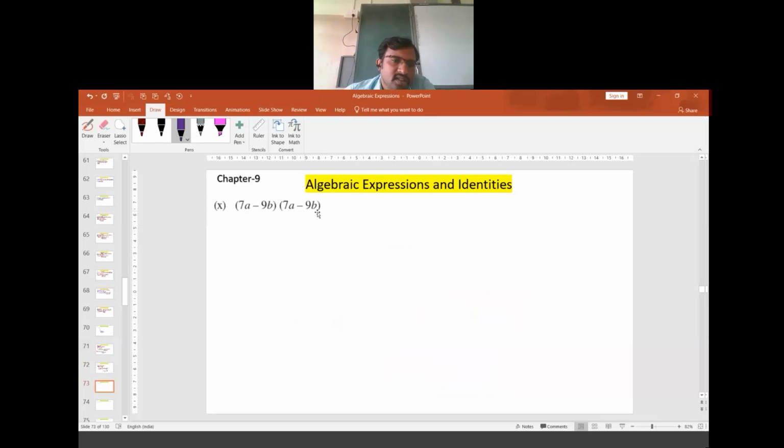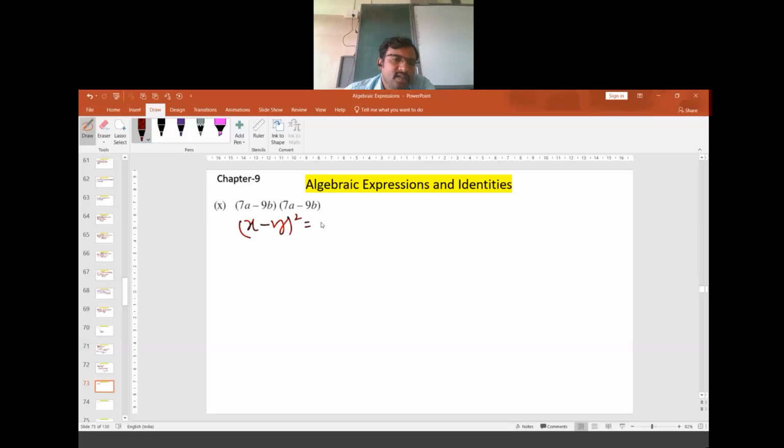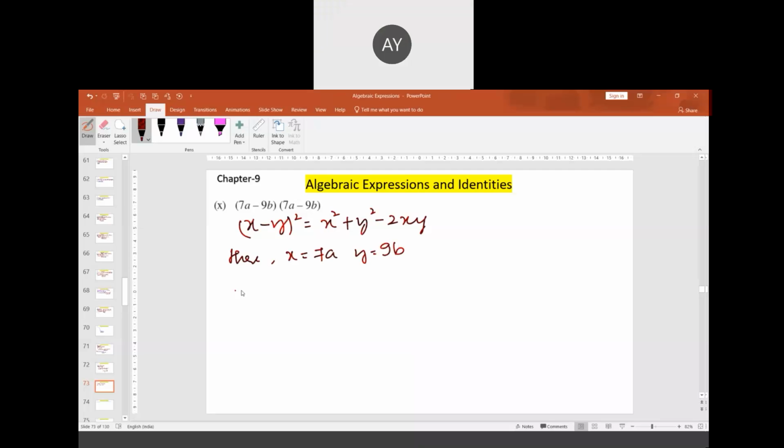This is (a minus b) whole square. Since letters a as well as b are both there, it's always better that I use something else: (x minus y) whole square, which is x square plus y square minus 2xy. Here x value is 7a, y value is 9b.